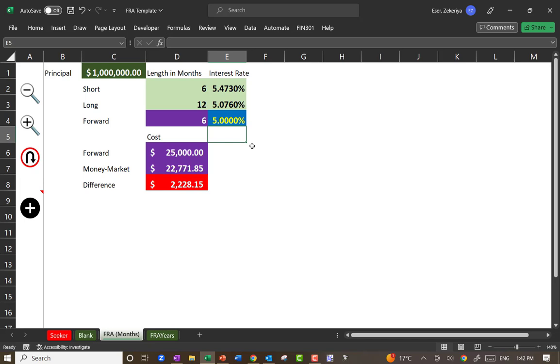But doing it through the money market, which means borrowing for 12 months but lending it for the first 6 months, would cost you $22,771. That means people would be willing to lend in the forward, borrow in the money market, and make risk-free money. We obviously don't let that happen.